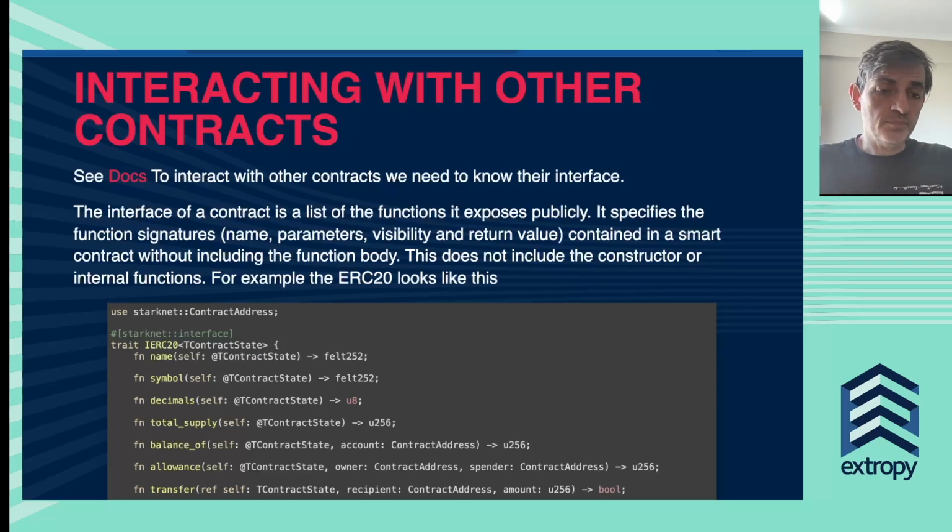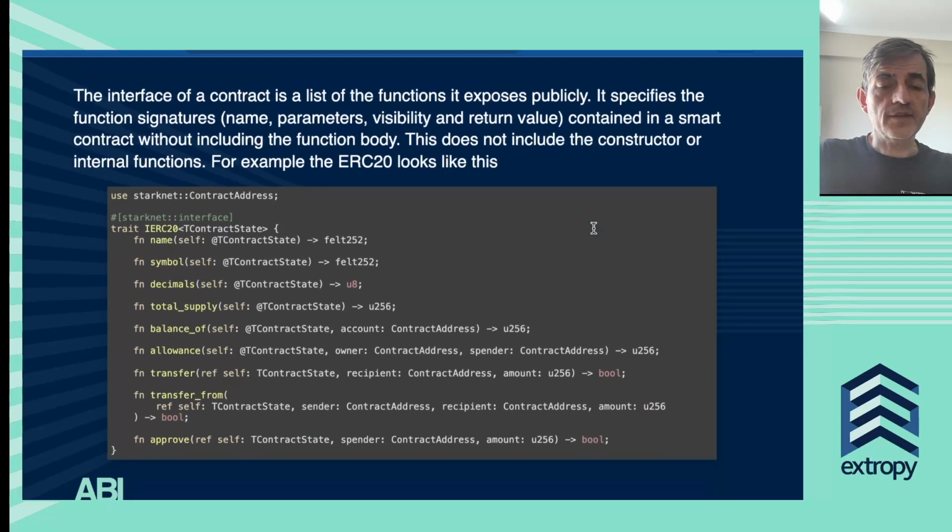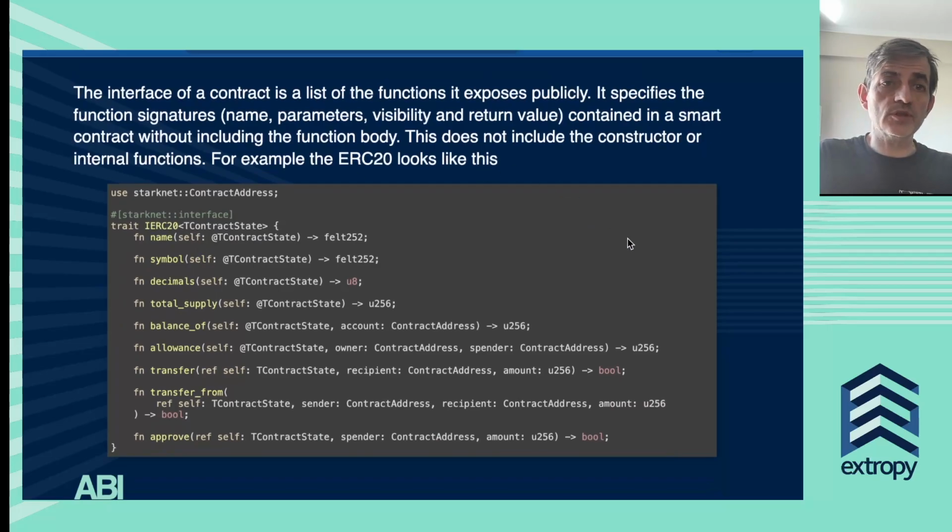So it's providing the function signatures that we are going to need. And as an example, we've got what an ERC20 interface would look like. So these should look familiar to you. This is following the ERC20 standard.